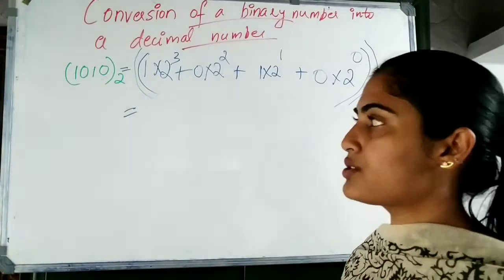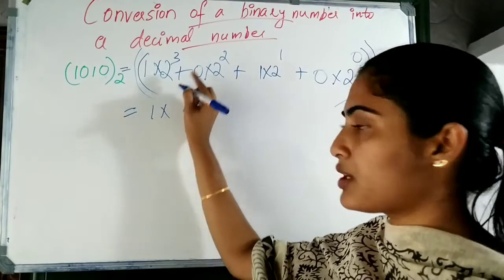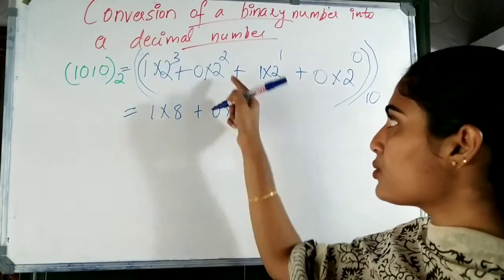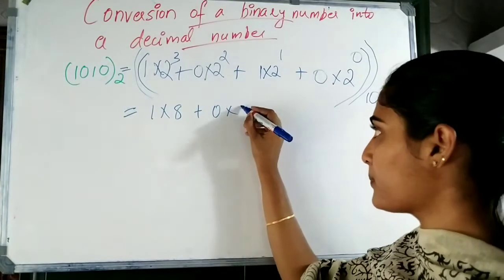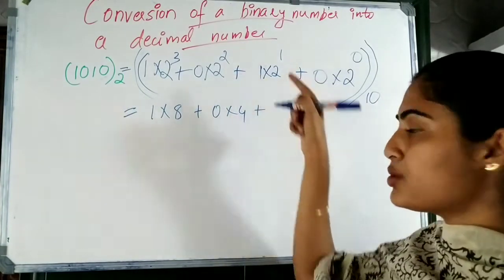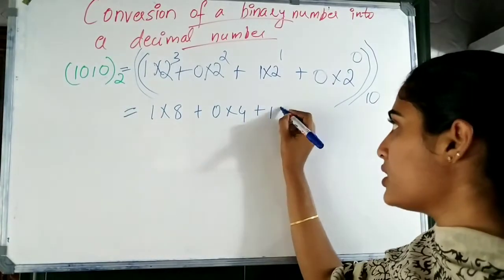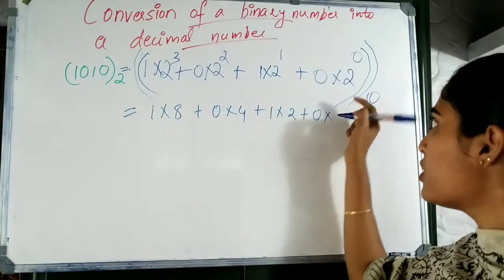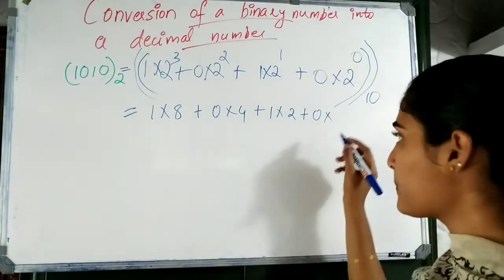1 into 2 raised to 3 is 8. Then 0 into 2 raised to 2, where 2 raised to 2 is 4. Plus 1 into 2 raised to 1, where 2 raised to 1 is 2. Plus 0 into 2 raised to 0, where 2 raised to 0 is 1.